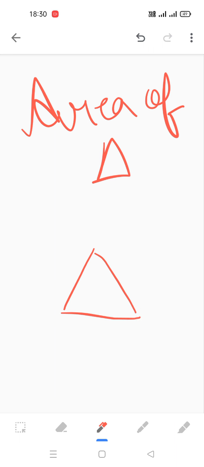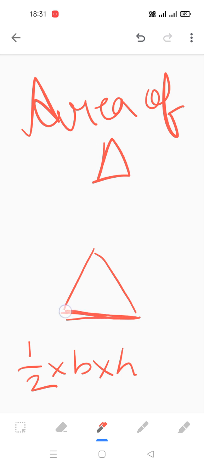The area of a triangle is 1 upon 2 into base into height. Let us solve this one. This part is your base, and these two parts are your height.